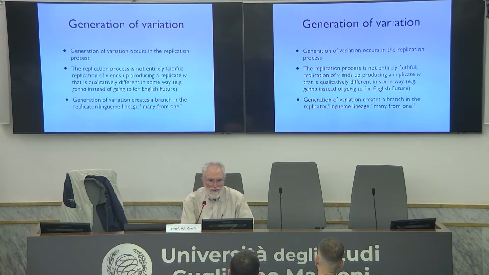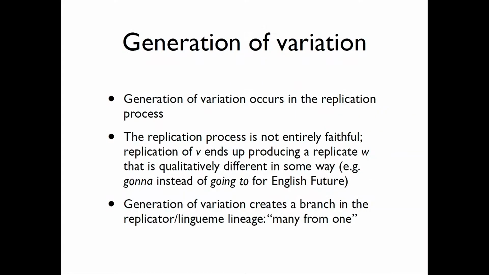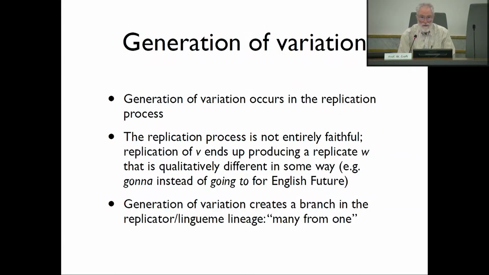So generation of variation occurs in the replication process. And if you recall, the replication process is the speaker construing a situation they want to verbalize with respect to prior situations for which the selected linguistic structures have been used before. And one of the things I mentioned about replication is, in general, it's not entirely faithful.